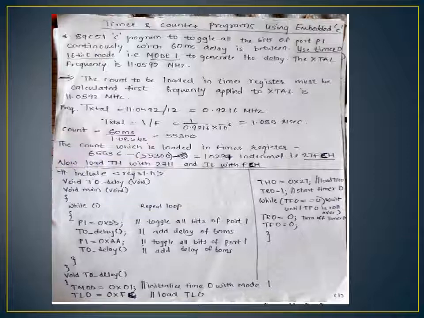So we have to wait till the timer flag rolls over. Next TR0 is equal to 0, so timer 0 will be turned off. Then TF0 is equal to 0. Then our delay program will end. So this is the program to toggle all the bits of port 1 continuously with a 60 millisecond delay, doing the calculation of the delay program.